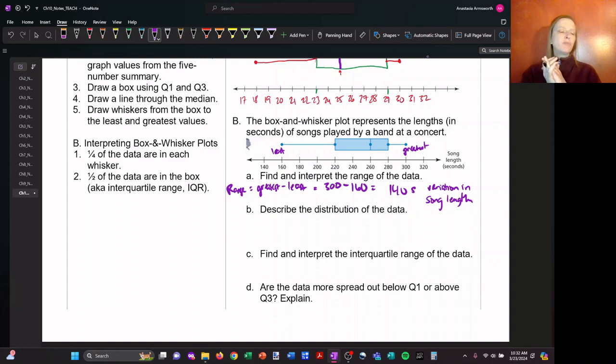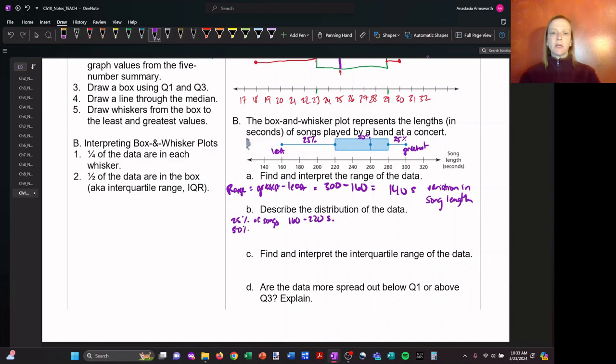It says describe the distribution of the data. So here we remember 50% of the data are encompassed in the box portion of the box and whisker plot. And then 25% are on each whisker. So I've got 25% of the songs here, 25% of the songs here, and then 50% of the songs are in the box. So I know that 25% of the songs were between 160 to 220 seconds.